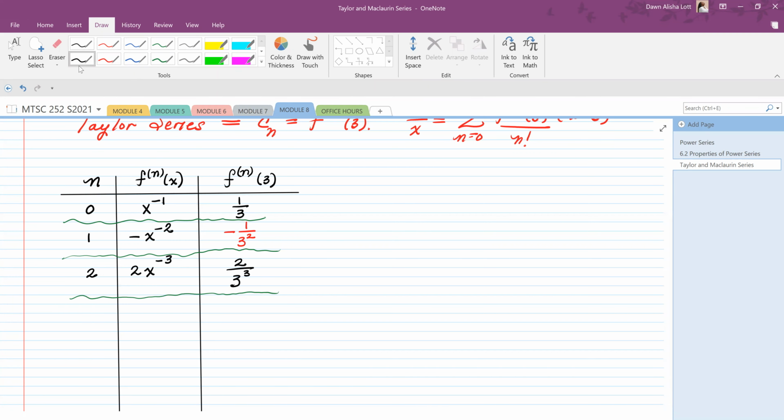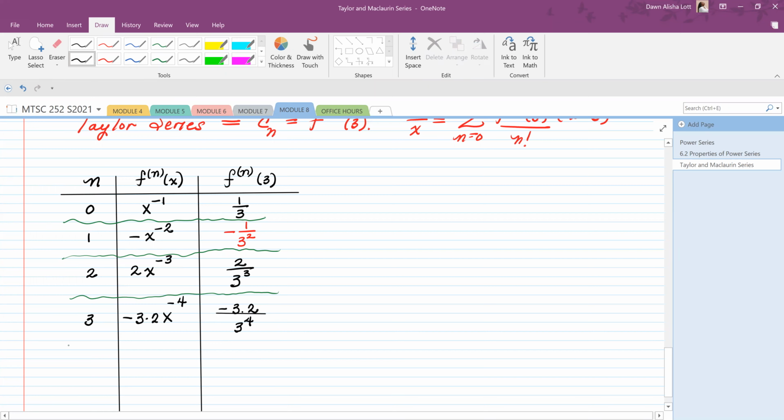The third derivative is negative 3 times 2, x to the minus 4. And so this is going to give me a negative 3 times 2 over 3 to the 4th.